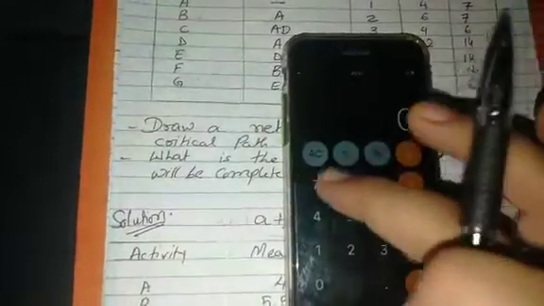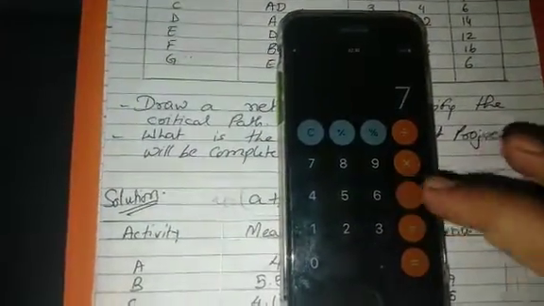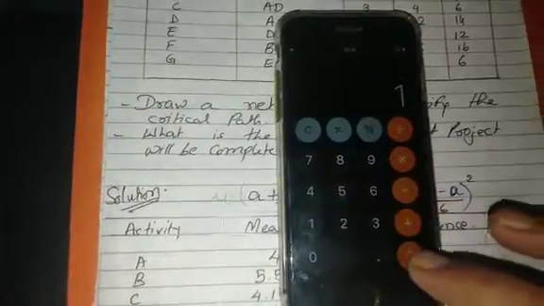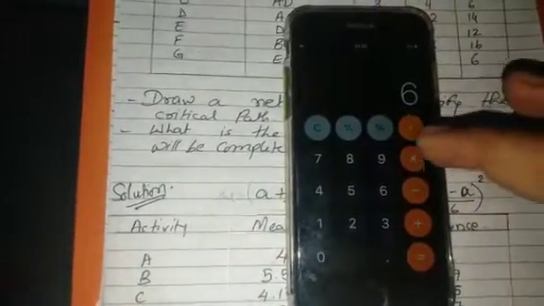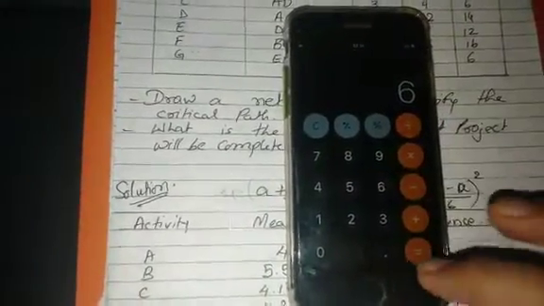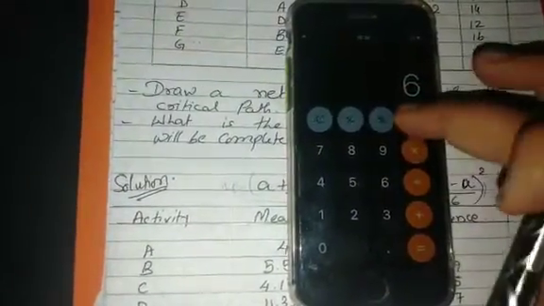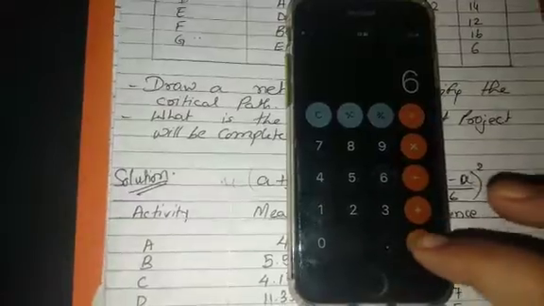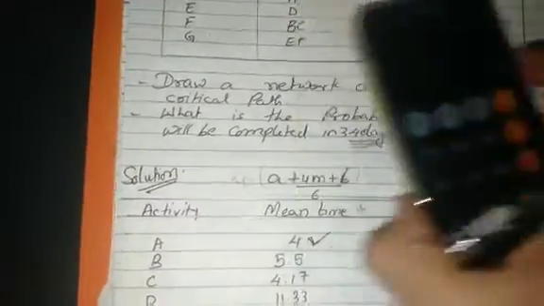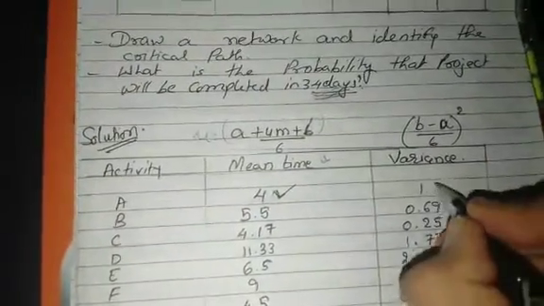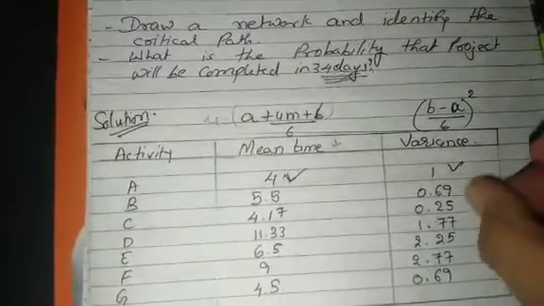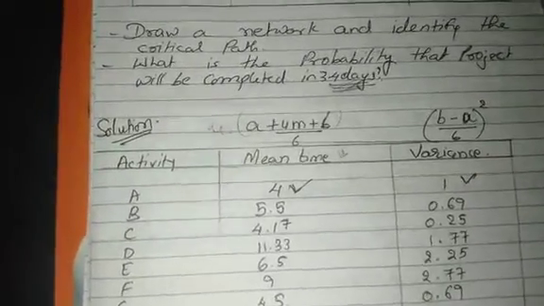So 7 minus 1, that is 6, divided by 6, that would be 1, and 1 square is 1. So for the first activity it is 1. Similarly, I have found out for all the activities.